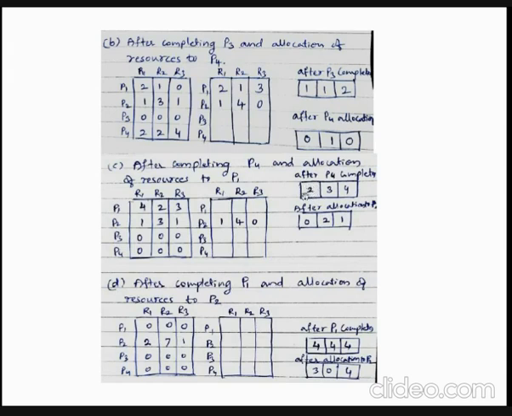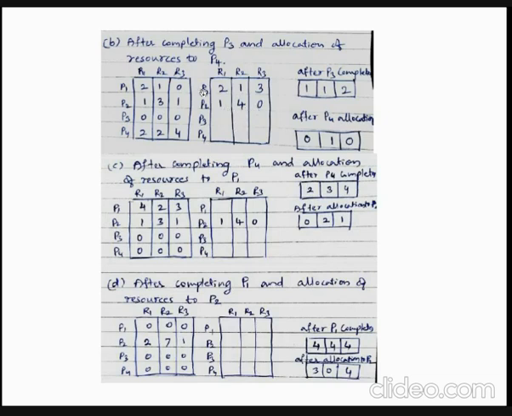We have the available resources state as 2, 3, 4. Now we are left with processes P1 and P2. For P1, the requirement is 2, 1, 3. Then for P2, the requirement is 1, 4, 0.